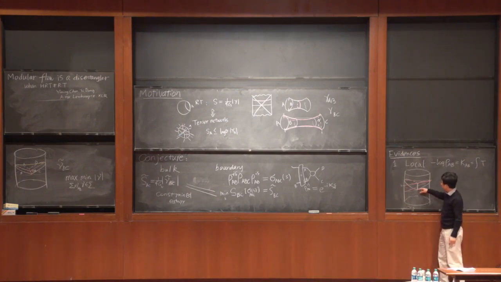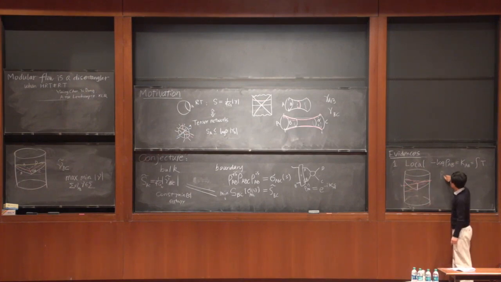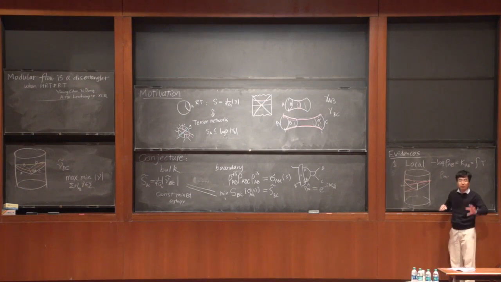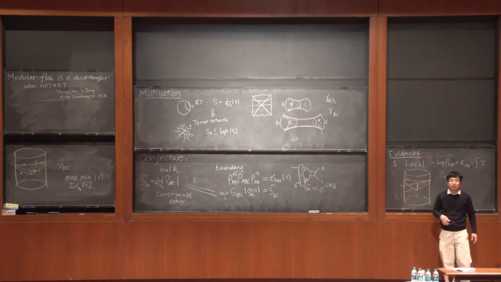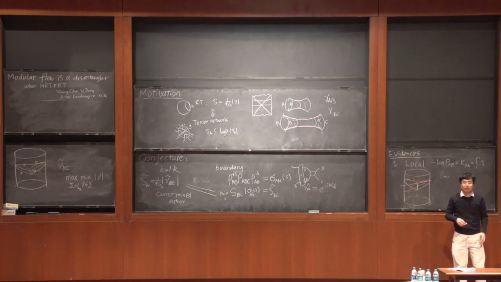I mean, I'm not sure, because the state is defined on this slice, so there's no time reflection symmetry. The state here is not time reflection invariant. If it is, then you can prove that S equal to 0 is always at least a local extremum, so this phenomenon doesn't happen.